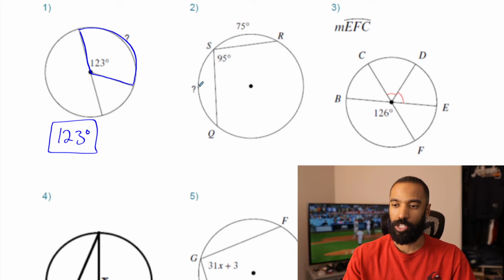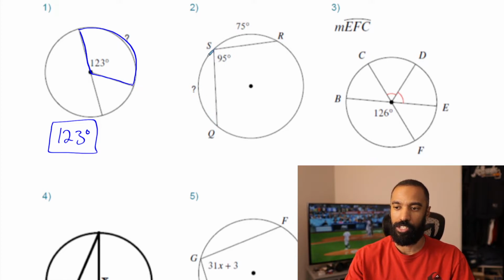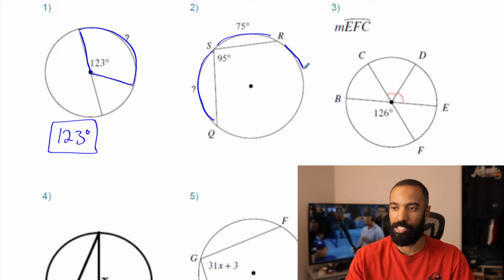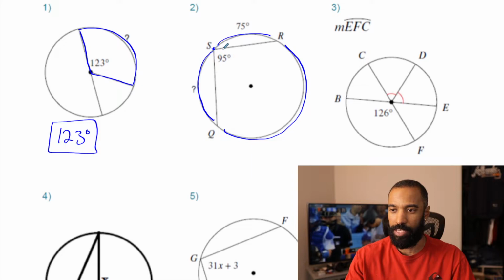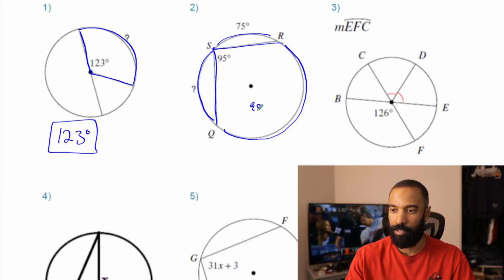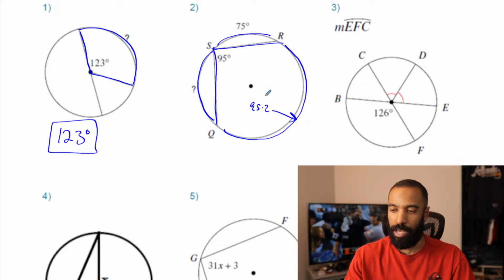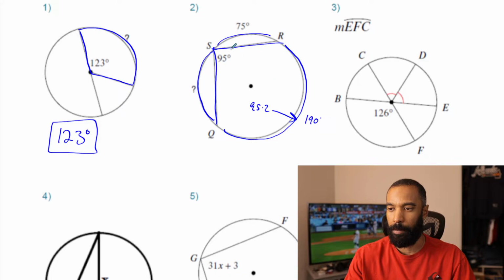All right, this question mark right here, we've got to find this guy. Now, this is just some measure that completes the circle with the 75 and this unknown guy right here. Well, this unknown guy is the intercepted arc of this inscribed angle 95. If I double 95, the measure of the intercepted arc would be double that of its inscribed angle. I get 190.